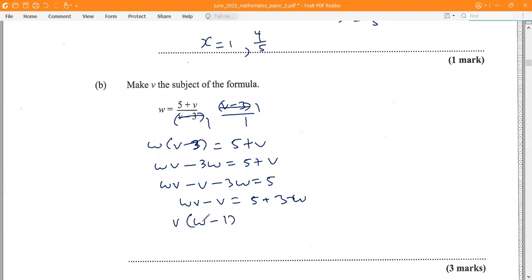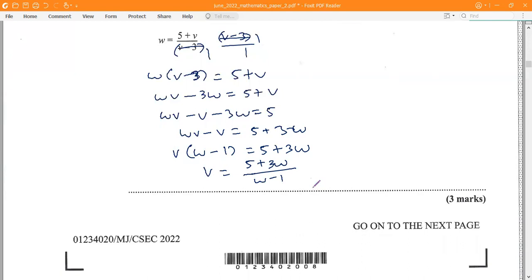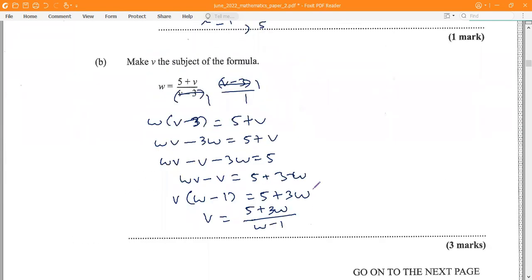V into wv is w. V into v1 is equal to 5 plus 3w. And now let us divide both sides by w subtract 1. Okay, so we have v is equal to 5 plus 3w divided by w subtract 1. We have now made v the subject of the formula.